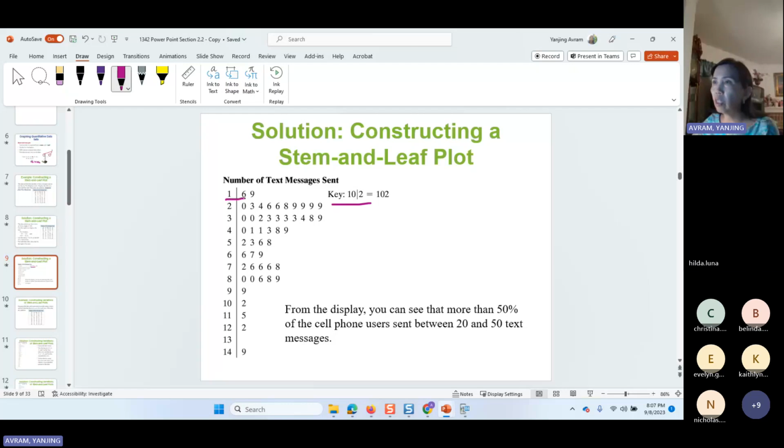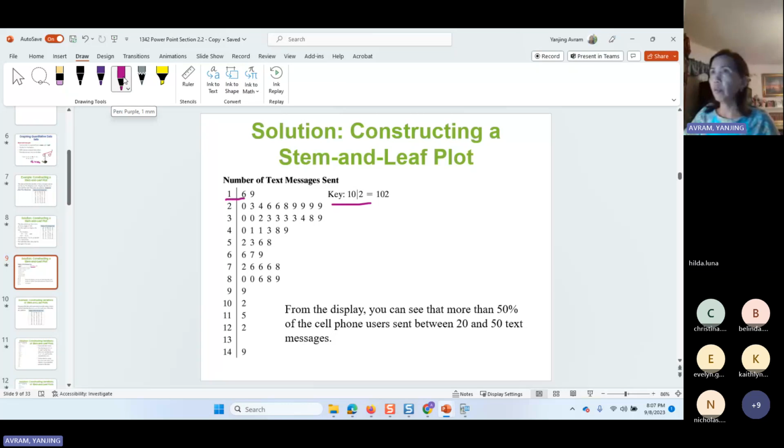So in this one, you can see the minimum will be 16. If you put it in a stem and leaf, it's pretty easy to organize that way. The first number is the minimum, the last number is the maximum.